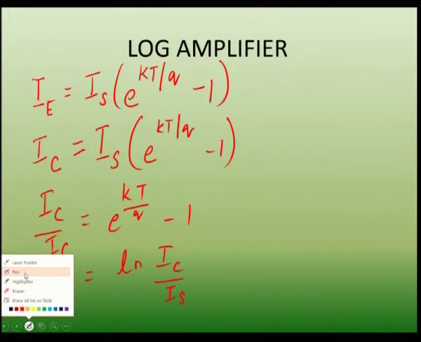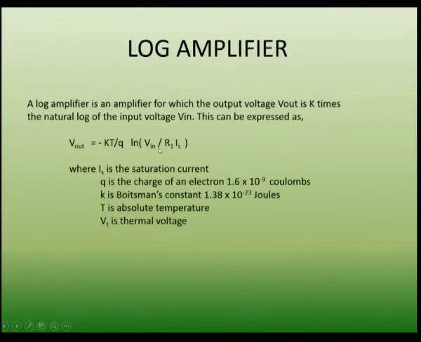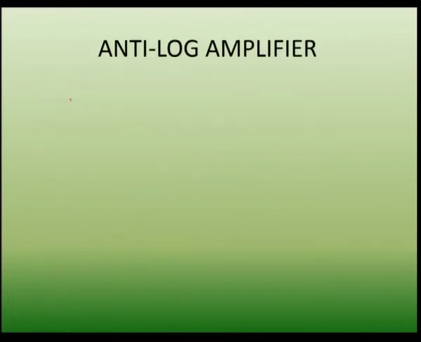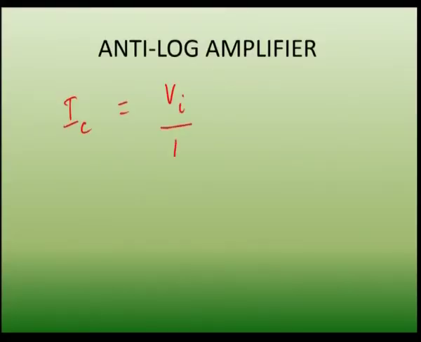When you see the equation, it is kT by q natural logarithm of V in by R1 into Is. When you simplify this equation, you get the IC current in the circuit. It is the current flowing through the input resistor R1, so we can replace this as Vi by R1, and if you substitute in that equation, V out is the emitter voltage of the transistor.